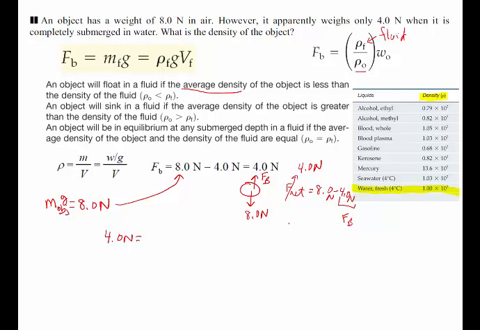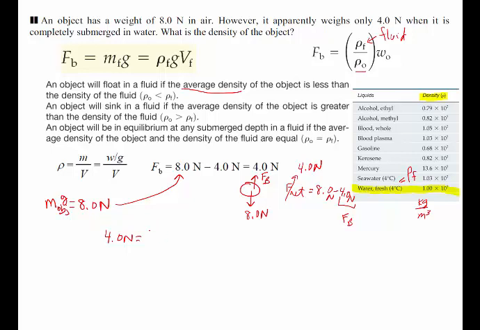So our fluid is water, and we'll assume that it's 4 degrees, and remember that this is in kilograms per cubic meter, because we love units. So we know that this is our rho of our fluid.